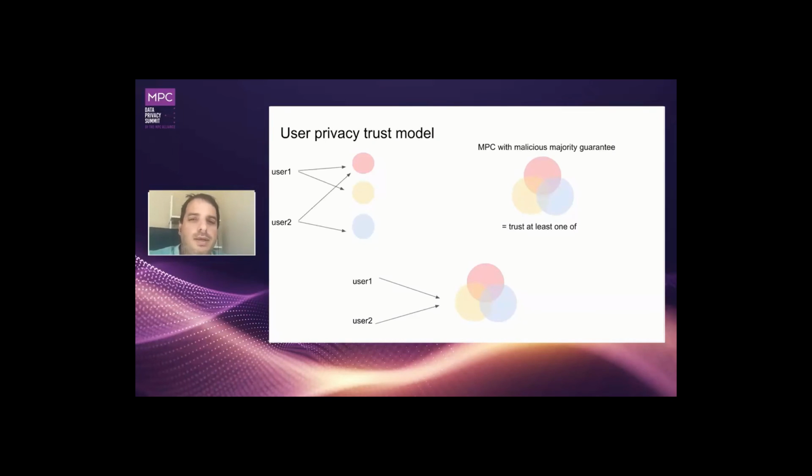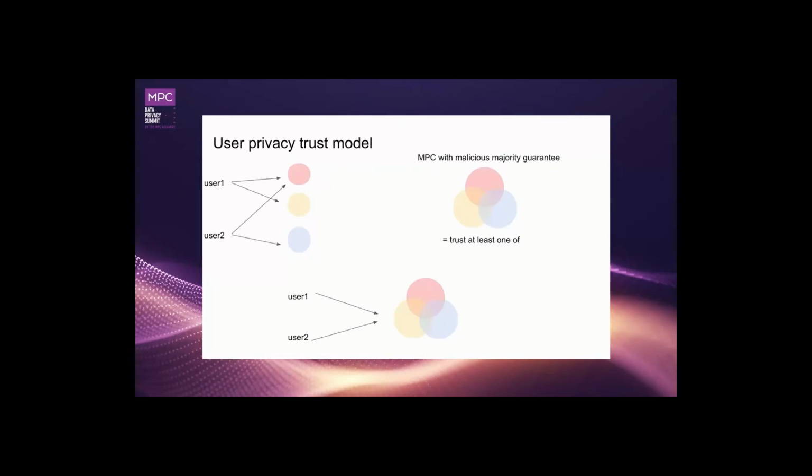But if on the right-hand side you have an MPC between these parties, which has a malicious majority guarantee, which means you can trust the system as long as you trust one of the participants, then it would follow that if you trust any of the websites that are participating in the MPC, then by a transitive property, you should trust the MPC. And this is the magic that I think the MPC brings to the table, that we can scale privacy, and we can meet the user requirements.